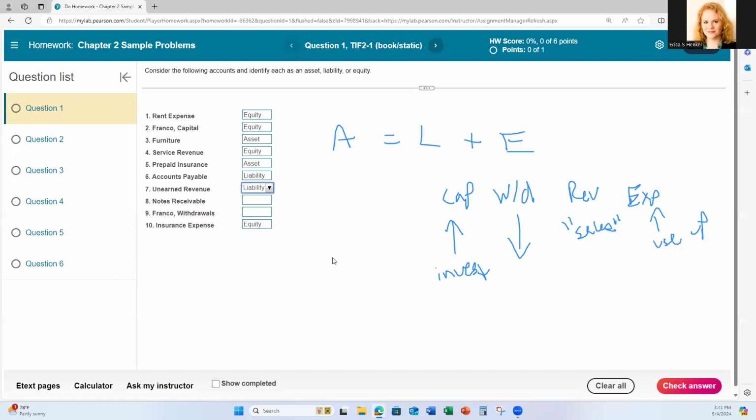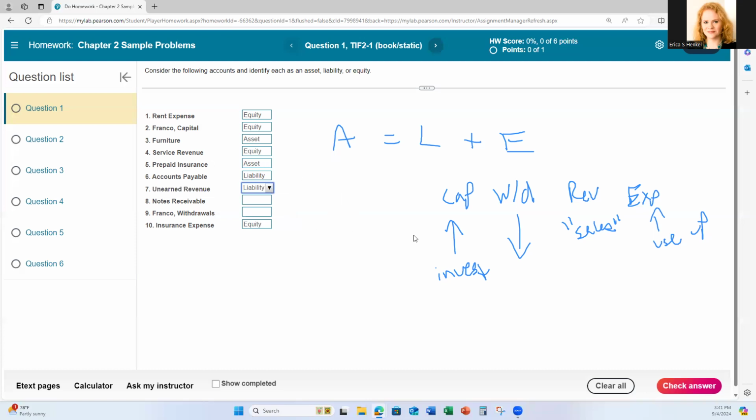A really common example of unearned revenue: you buy your airline ticket in advance, you pay for it, and that airline owes you either a refund or a flight somewhere based on what you purchased. So they have a liability to you until you fly with them. Same thing if I was on the side of the insurance company.